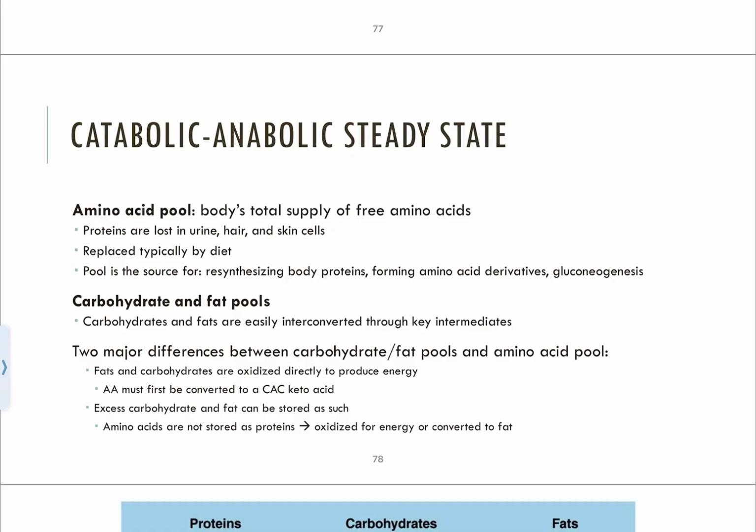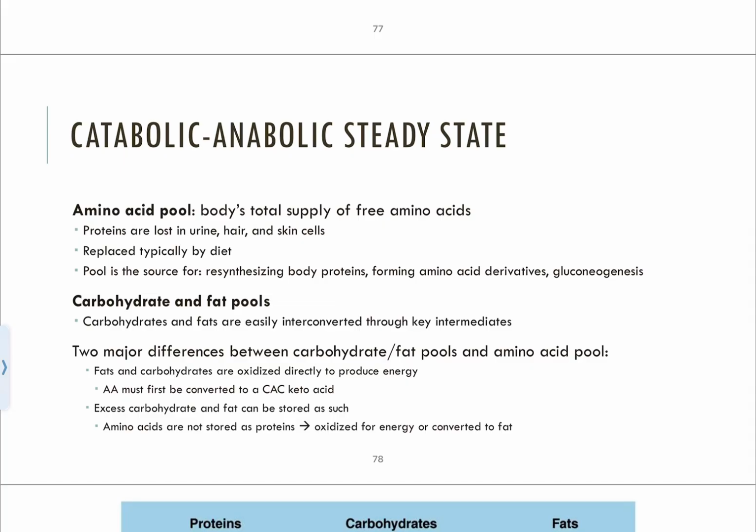We lose small amounts of amino acids and proteins every day in our urine, and also in any skin cells sloughing off, as well as our hair. So we have to replace these lost molecules via our diet. If we don't, amino acid levels fall, and we're going to get amino acids by breaking down tissues in order to get enough amino acids back into our pool.